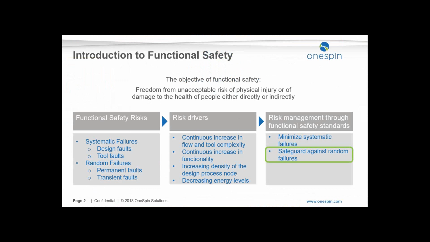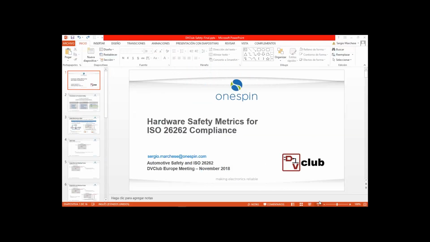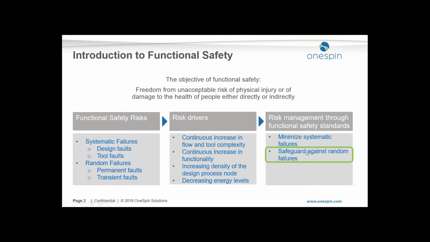And as Alex said in the first presentation, we have two main classes of failures that are considered in the standard, which are systematic failures and random failures. And in this presentation, we will focus on random failures, and in particular the need to safeguard safety critical hardware from random faults that will occur during the operation of the circuit while you are driving your car.